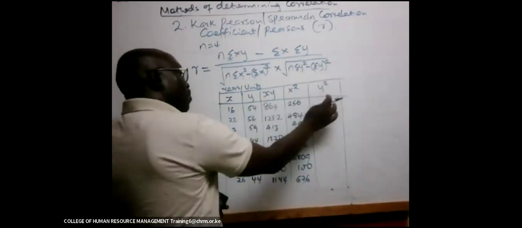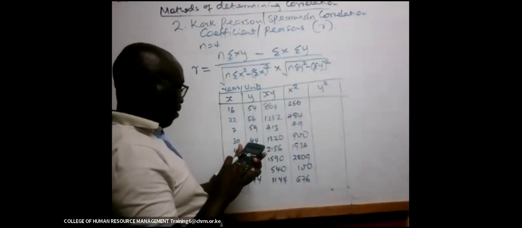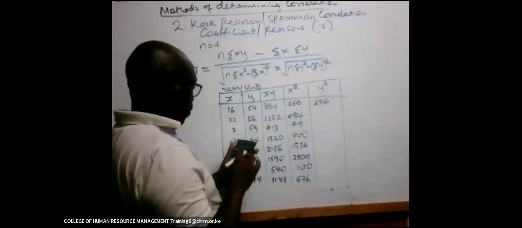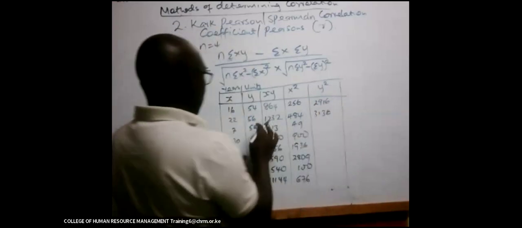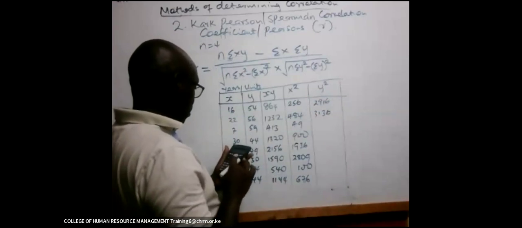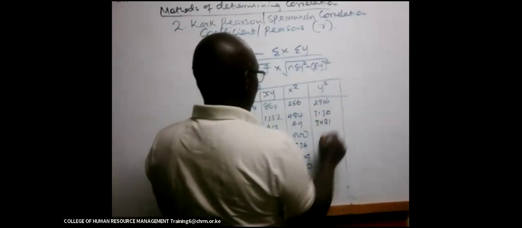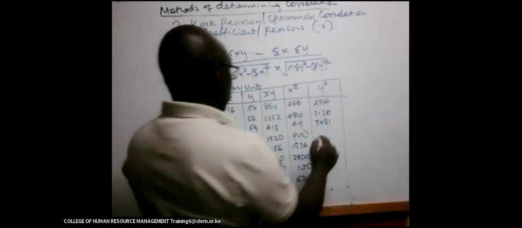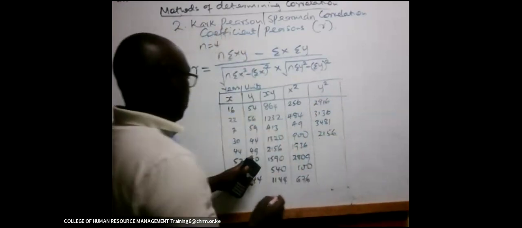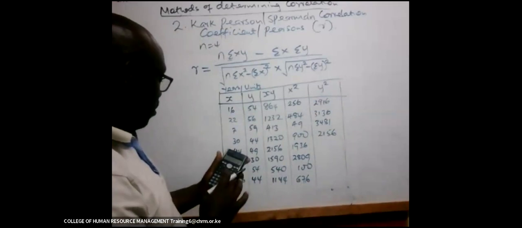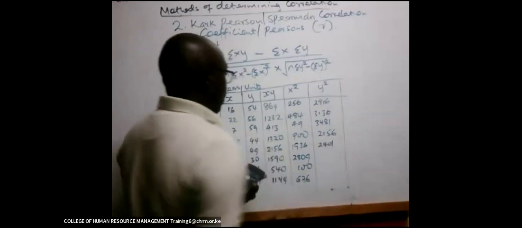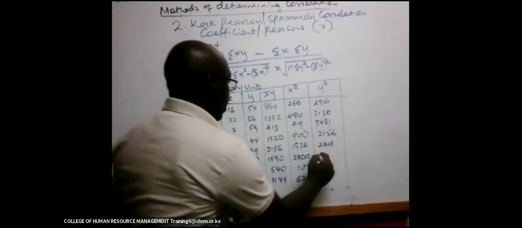You start with 54 squared, and place the answer there: 2916. 56 squared, 3136. 59 squared, 3481. 44 squared is 1936. 49 squared, 2401. 30 squared is 900.